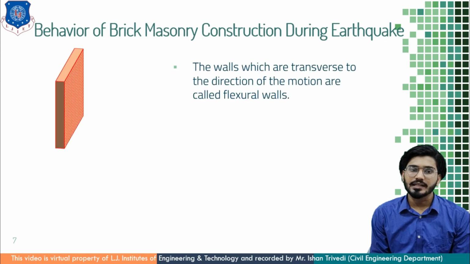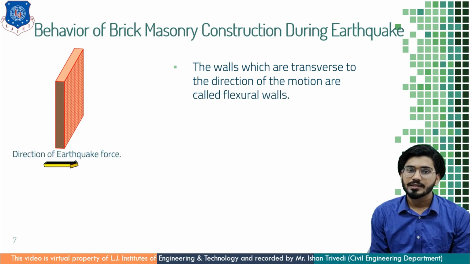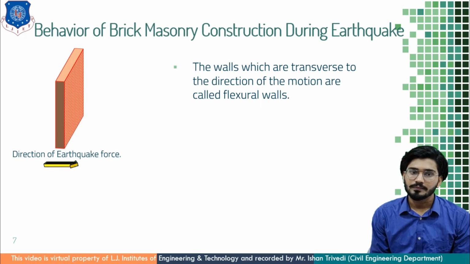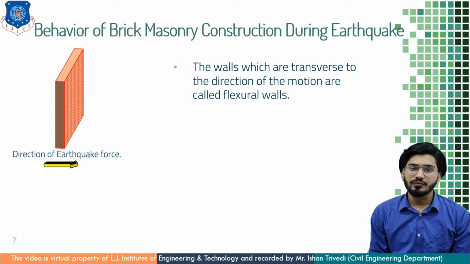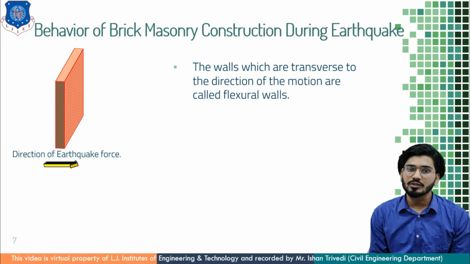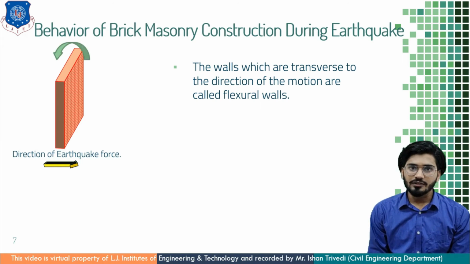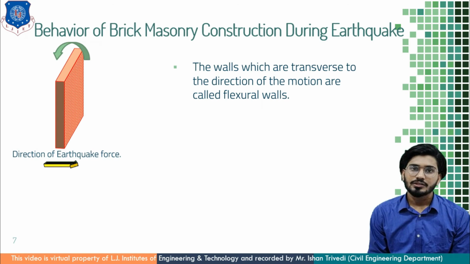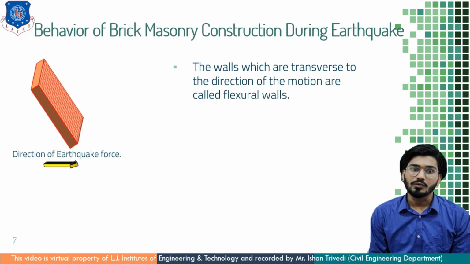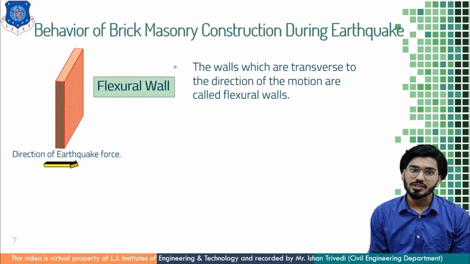now let us take a vertical wall where the earthquake force is passing perpendicular to the wall. As this earthquake force passes perpendicular to the wall, the inertia force will act in the opposite direction, and that's why bending is created, which ultimately topples the wall from its position.